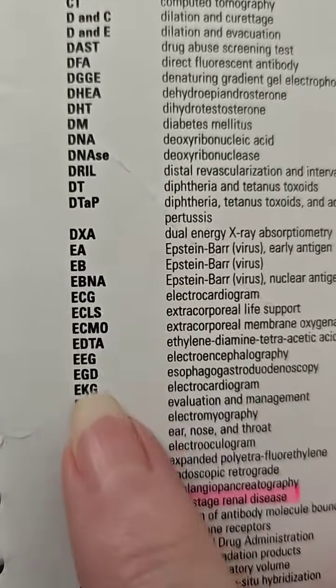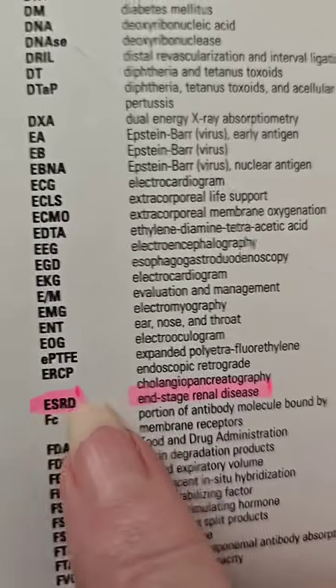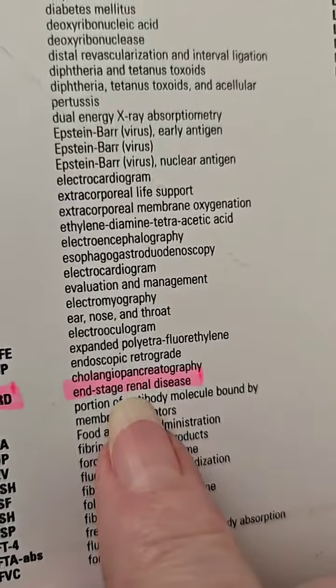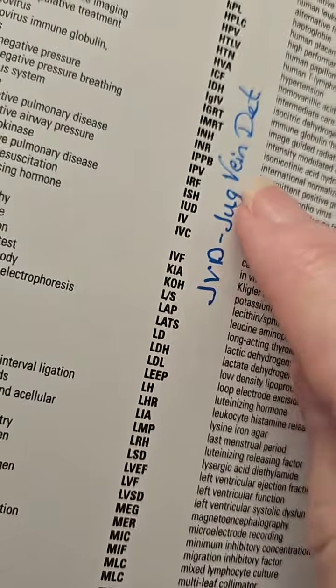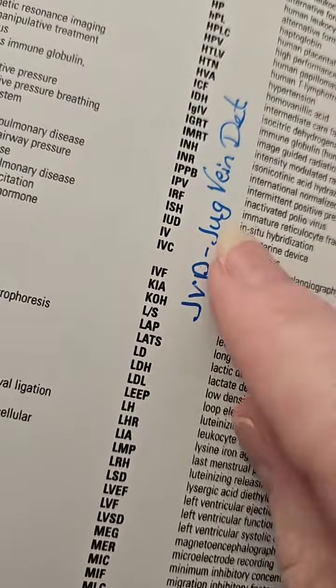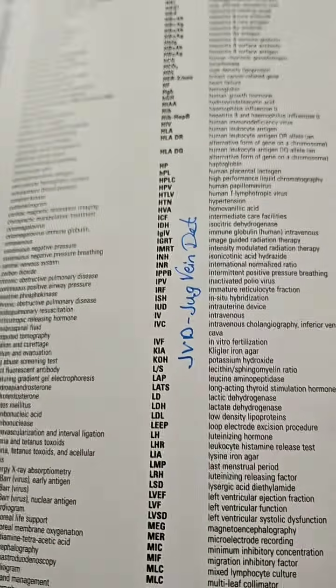Don't forget about the acronyms that are on the back of the book. That one right there is usually on the exam. JVD. It's not back there, but I wrote it in. Sometimes it's on the exam.